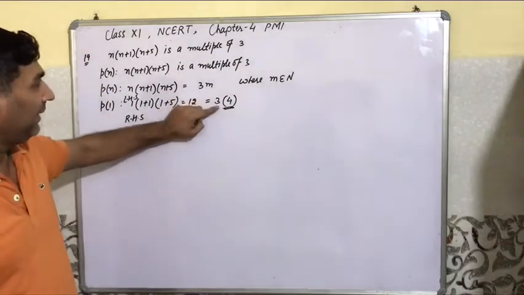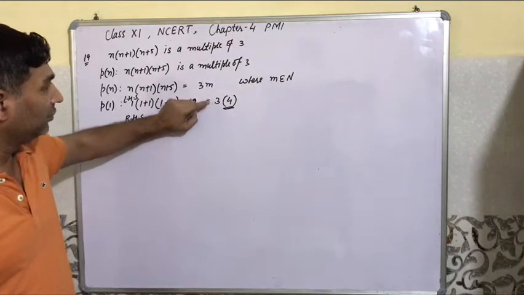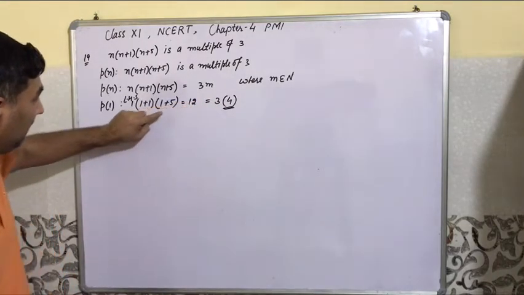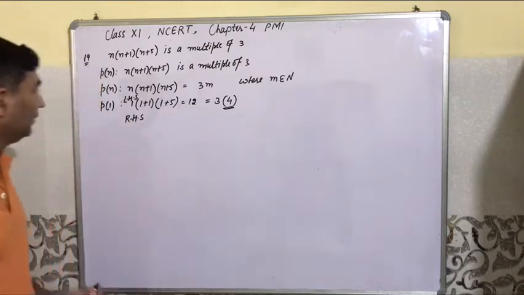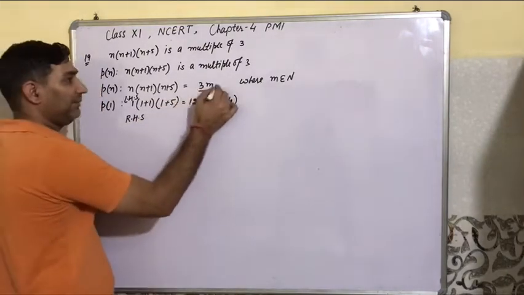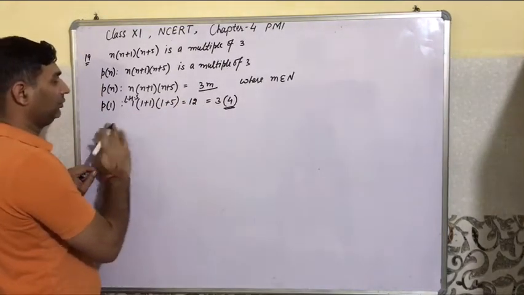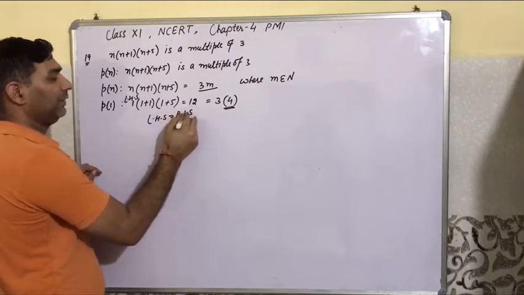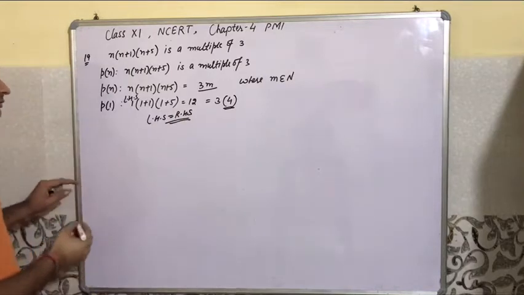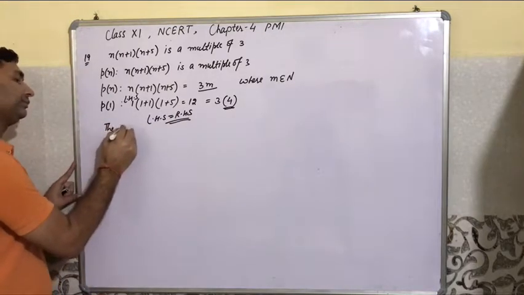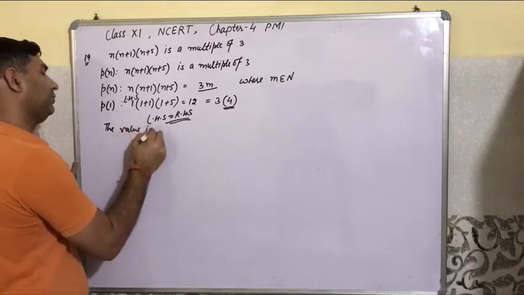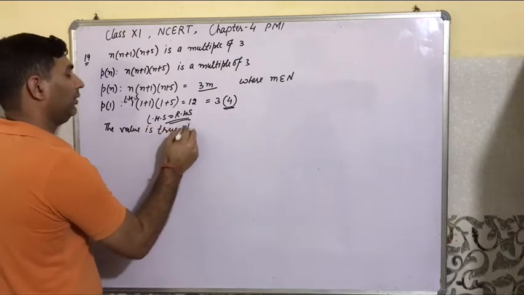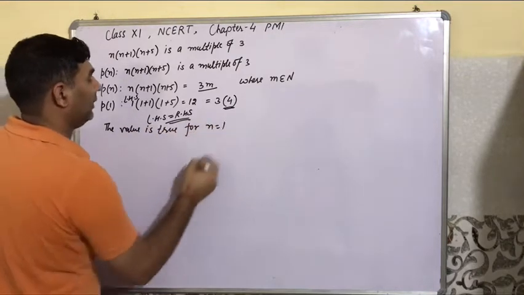That means here the value of m is 4, so this is a multiple of 3. That means the value is true. Right hand side is what? 3m. Then left hand side is equal to right hand side, is a multiple of 3. Then the value is true for n is equal to 1.